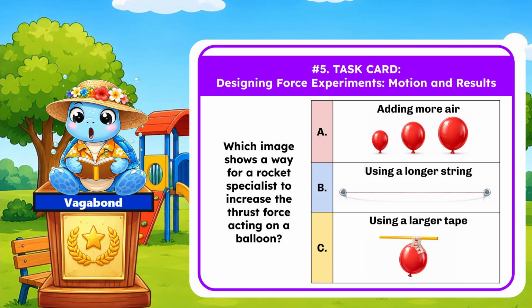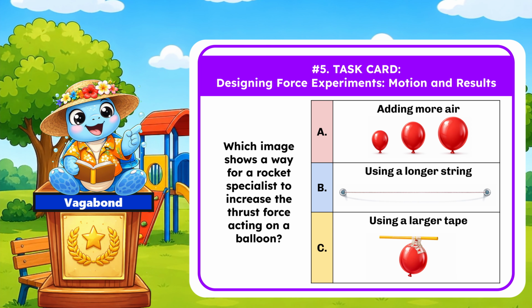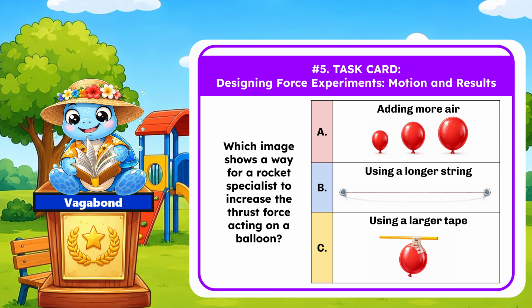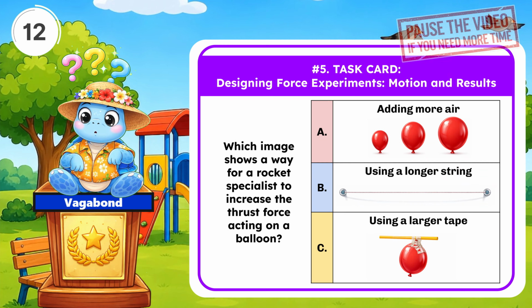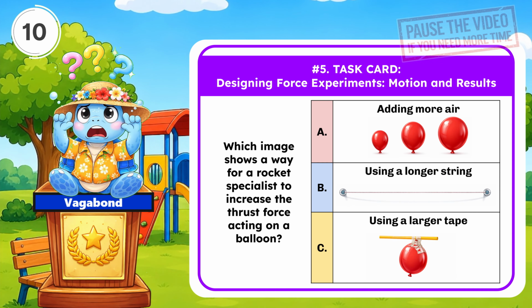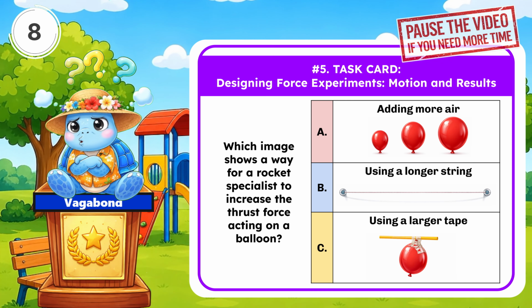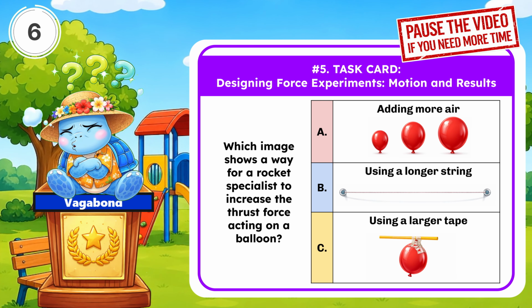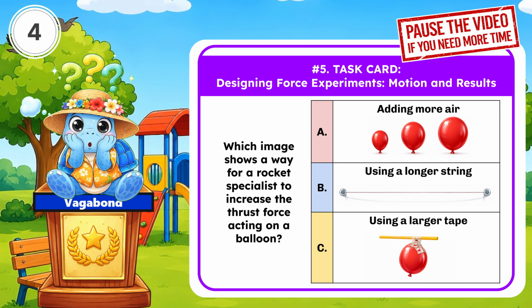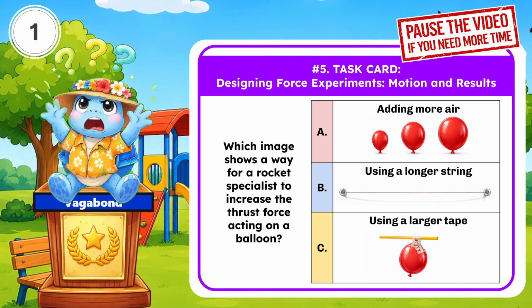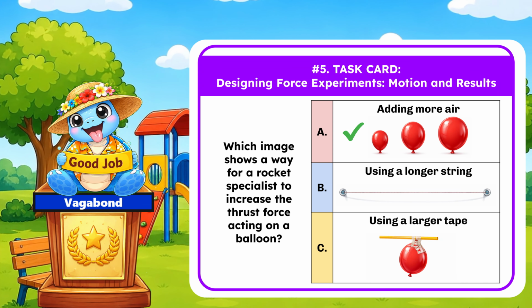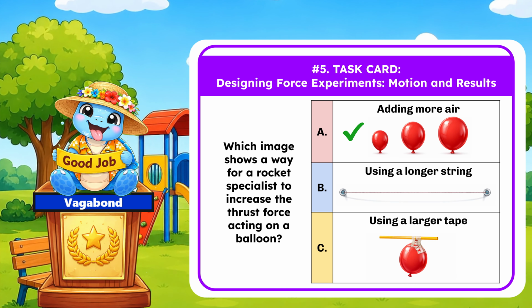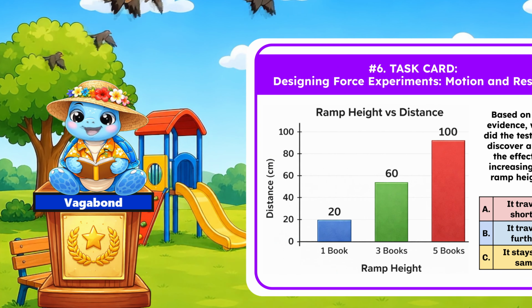Which image shows a way for a rocket specialist to increase the thrust force acting on a balloon? And the correct answer is letter A, adding more air.